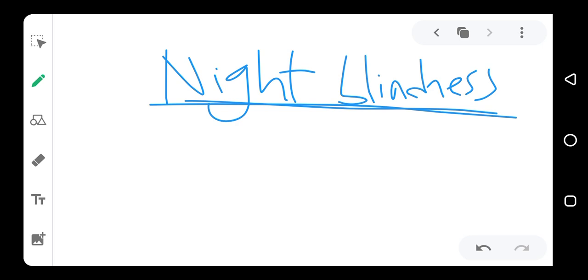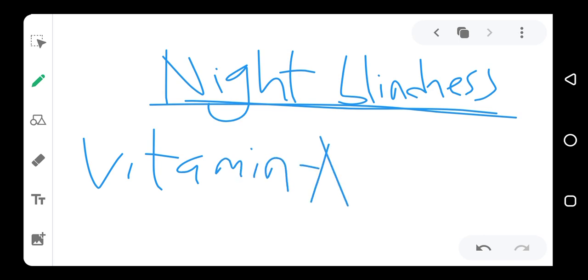This is usually because the person is lacking vitamin A. People that lack vitamin A usually suffer night blindness. So, to correct night blindness, most of the time, the person has to start taking an adequate amount of vitamin A.